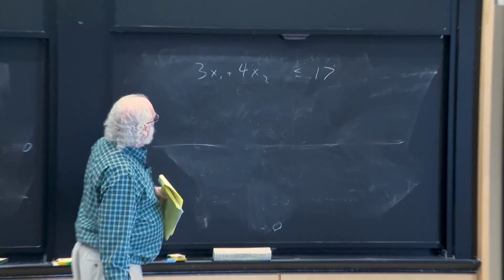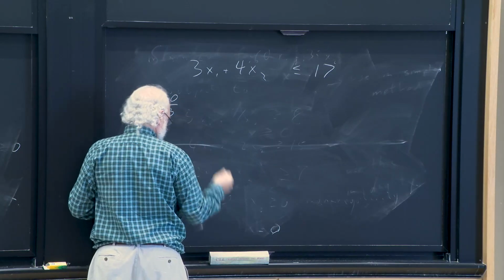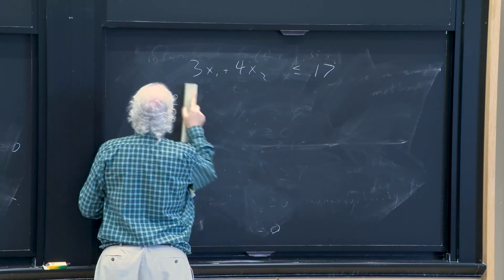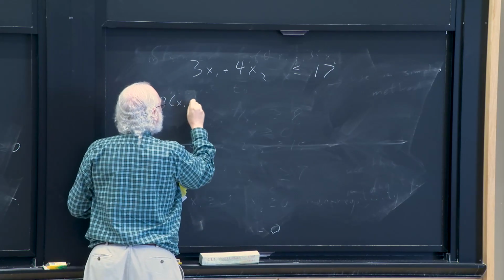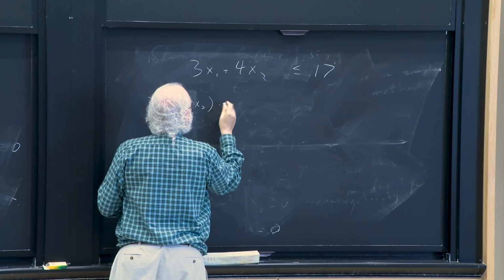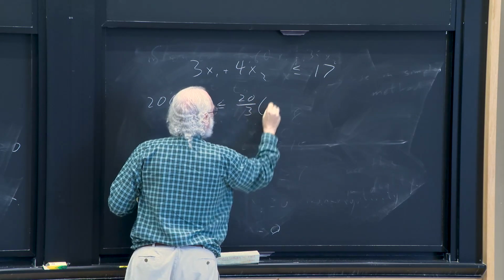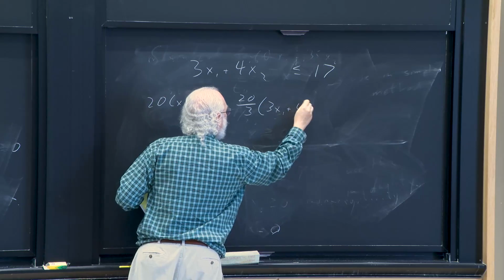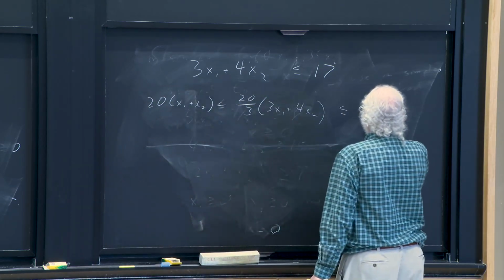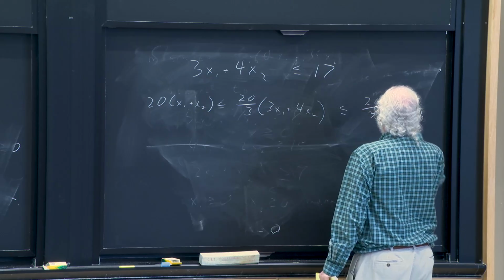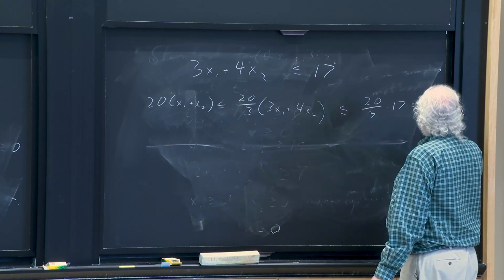And we have 20 thirds. 20x1 plus x2 is less than or equal to 20 thirds times 3x1 plus 4x2, which is less than or equal to 20 thirds times 17, which is equal to 113 and a third.